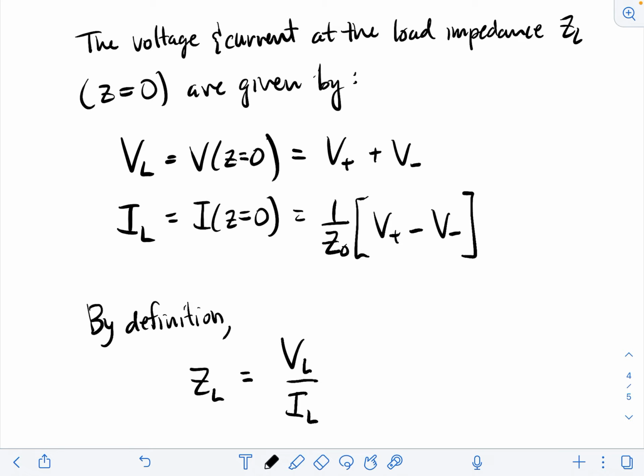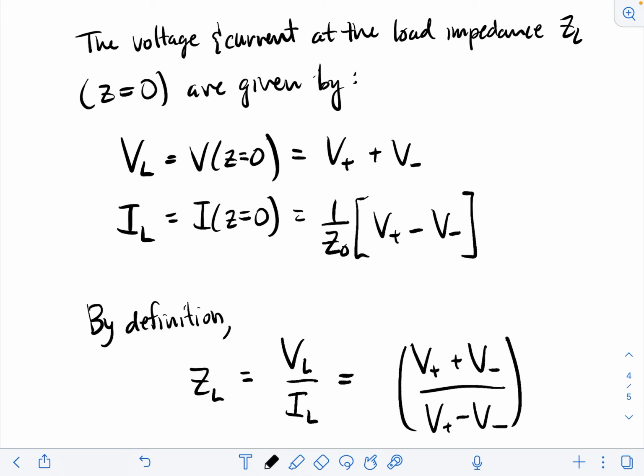But we have simple expressions for these things now, and so it ends up being V plus plus V minus divided by V plus minus V minus, and then we still have a factor of the characteristic impedance.